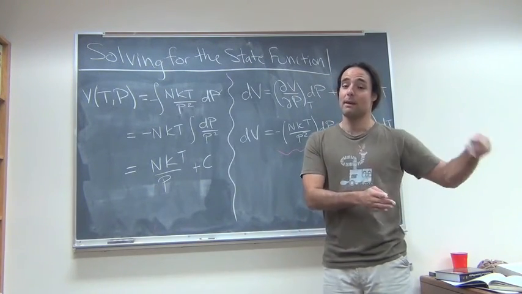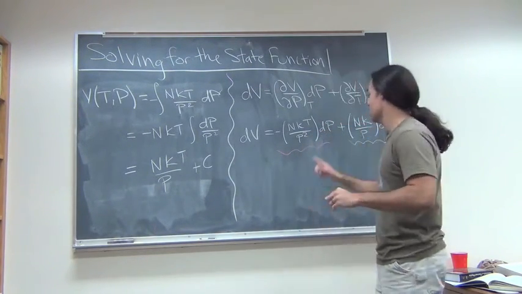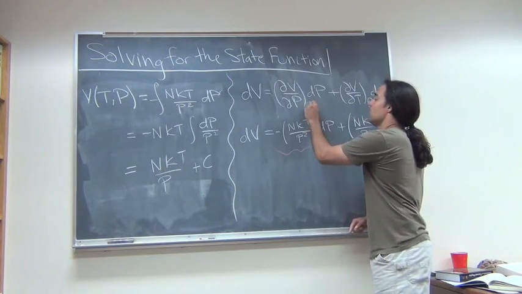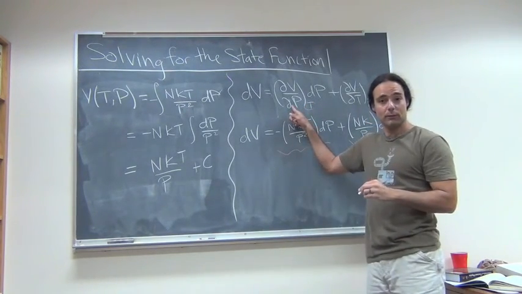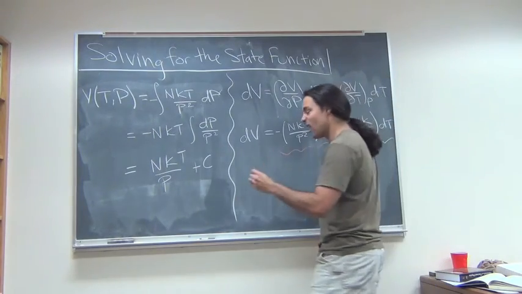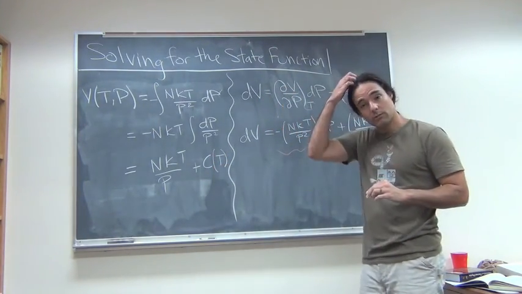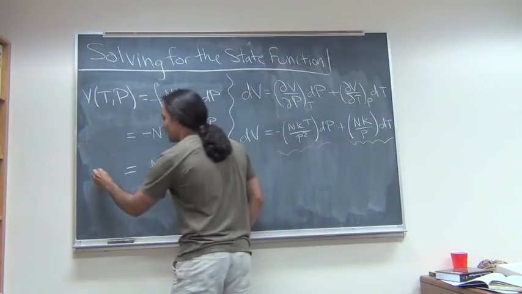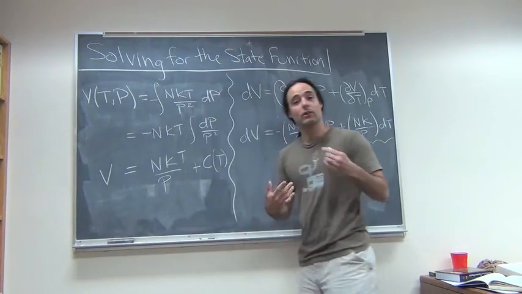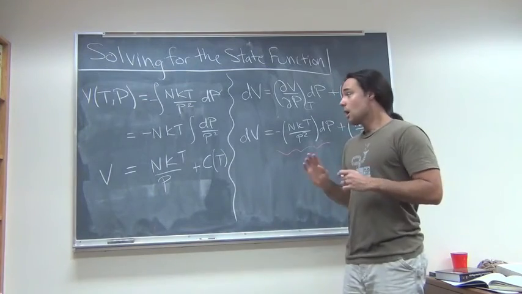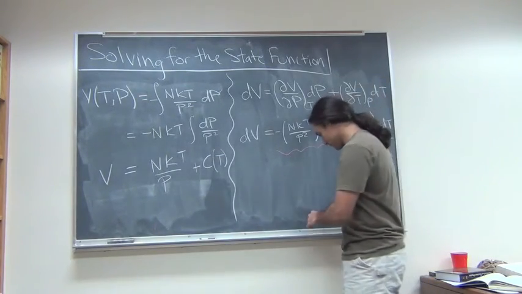Remember, we're treating temperature as a constant when I take my partial derivative. So plus a constant, but that constant really could depend on the temperature. So my V is this, plus some constant that could depend on the temperature. Right, so I've done this integral.